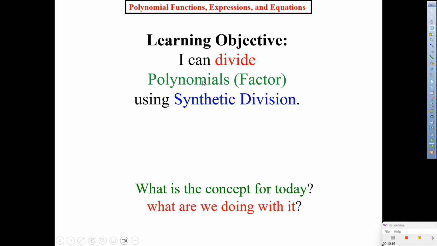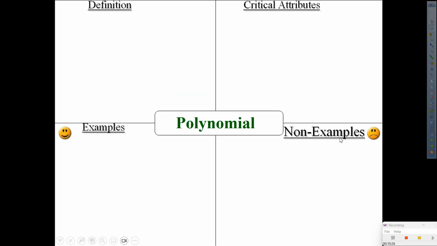So I can divide polynomials and factor using synthetic division. We know what polynomials are, so remind your neighbor of the definition of polynomials, see if they remember. You already have these notes, by the way. What are polynomials? Alright, looks like Mario's got it. Annette's got it. Joseph's got it.